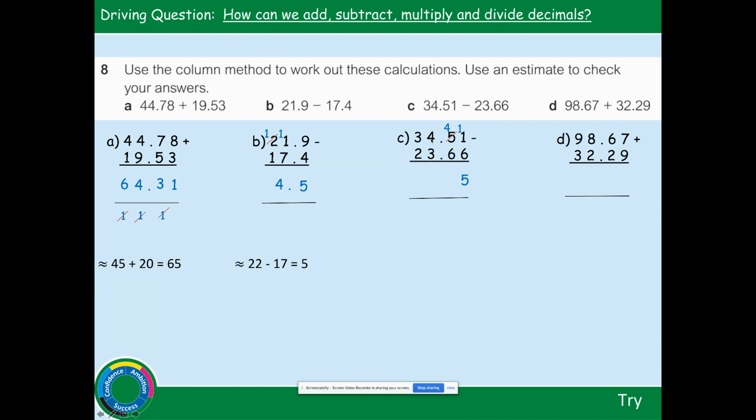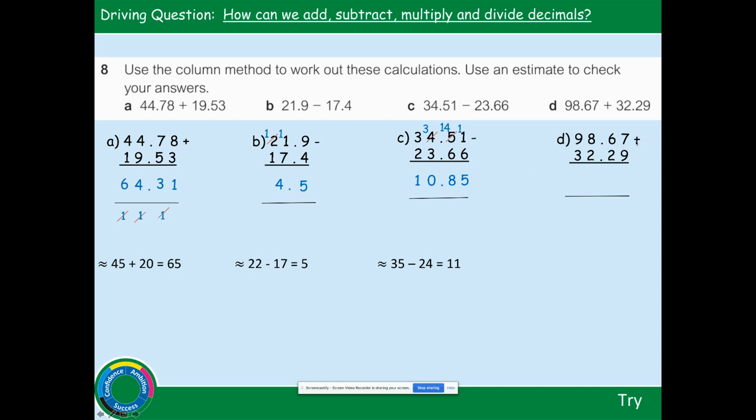So now I come across to the next number, take 1 away from 4 to leave 3. The one I've used, put there. 14 take away 6 is 8. 3 take away 3 is 0. 3 take away 1 is 1. If we look approximately, I think we're doing 35 take away 24, which is 11, and that's very close to 11.